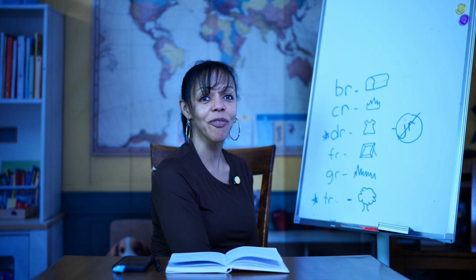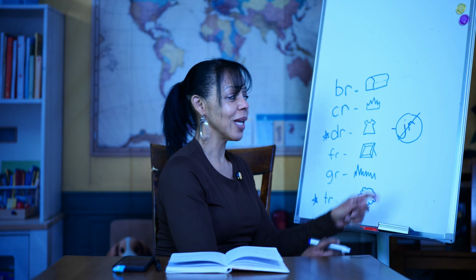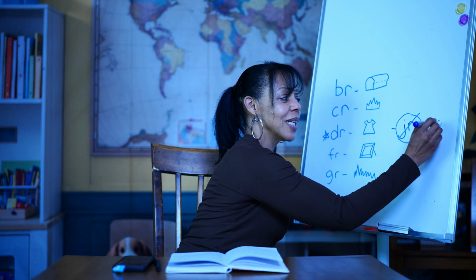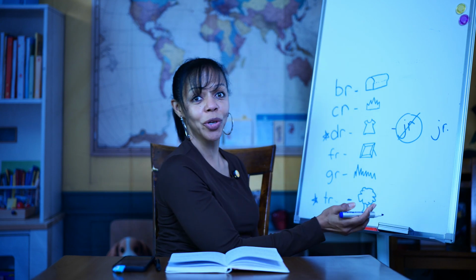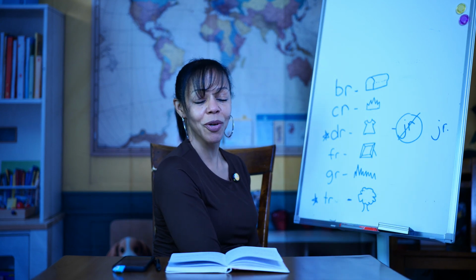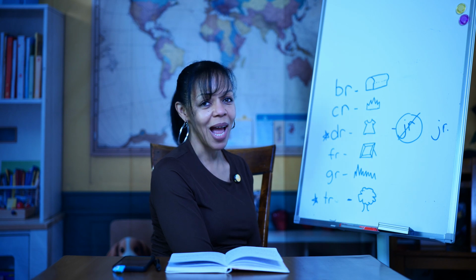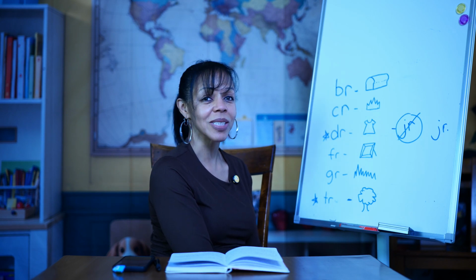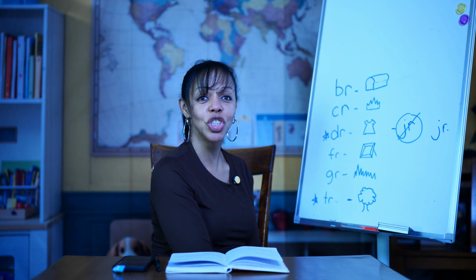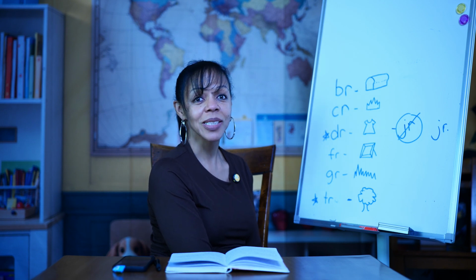It's actually made from DR. So it can be tricky because maybe they've seen JR written as junior, right, in their last names or a family member's name. But we have to let them know that is not one of our R blends. So if it sounds like you're hearing dra, as in drum and dress, you're actually hearing DR.